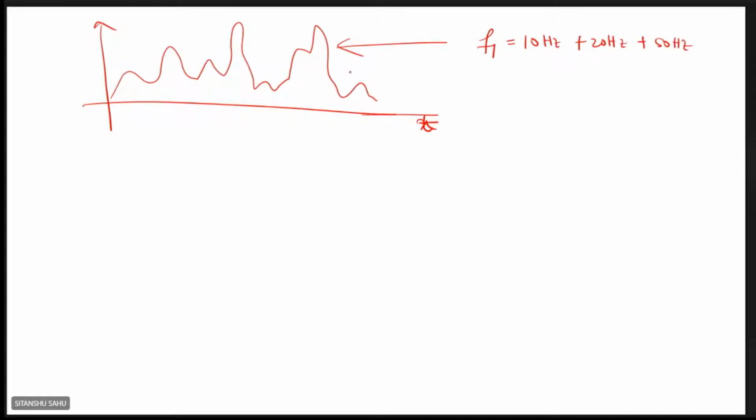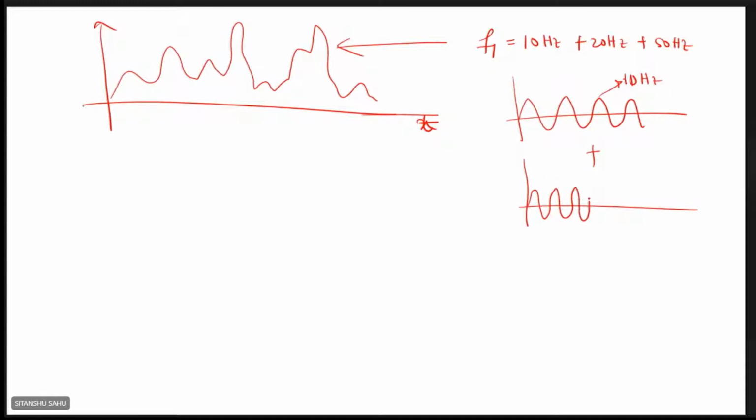So what are the constituent components? You see there is a sinusoidal signal like this. This is a 10 hertz signal. Then I add a 20 hertz signal. This is a sinusoidal signal of 20 hertz, for example, and then you add a sinusoidal signal of 50 hertz.